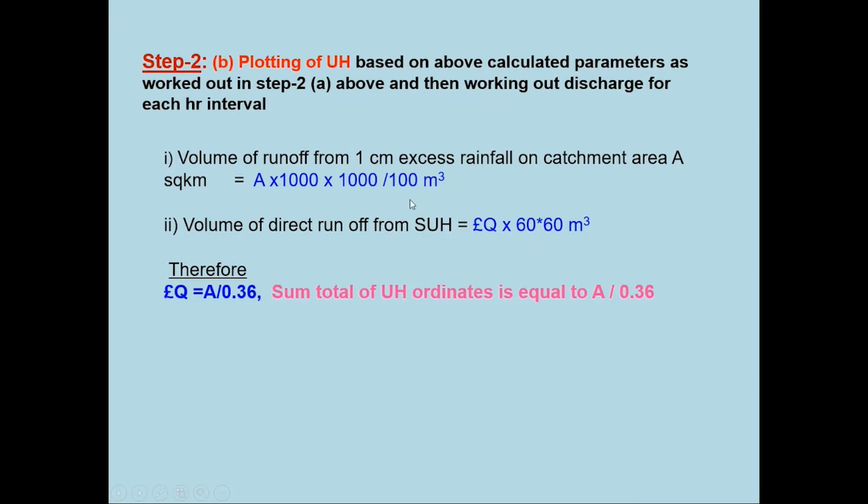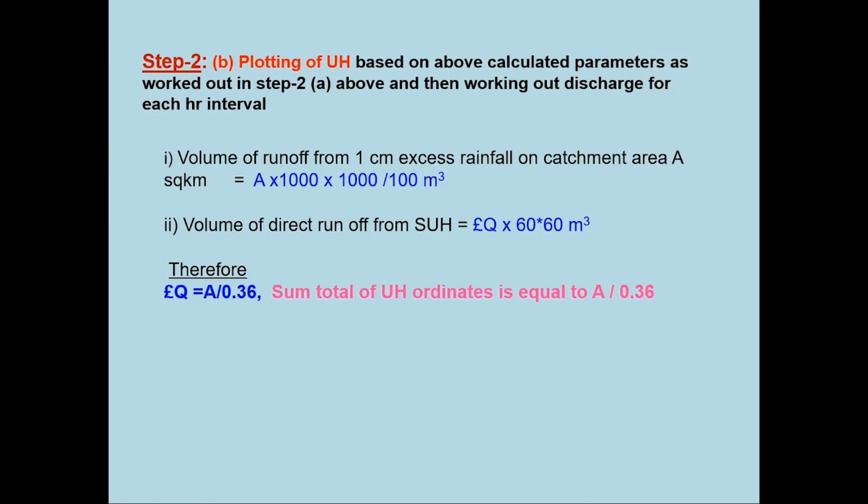Both the runoff should match, because synthetic unit hydrograph shows me that for 1 centimeter rainfall of 1 hour duration, how much runoff it will give. And by simple calculation, 1 centimeter rainfall on A area is giving me this much rainfall.